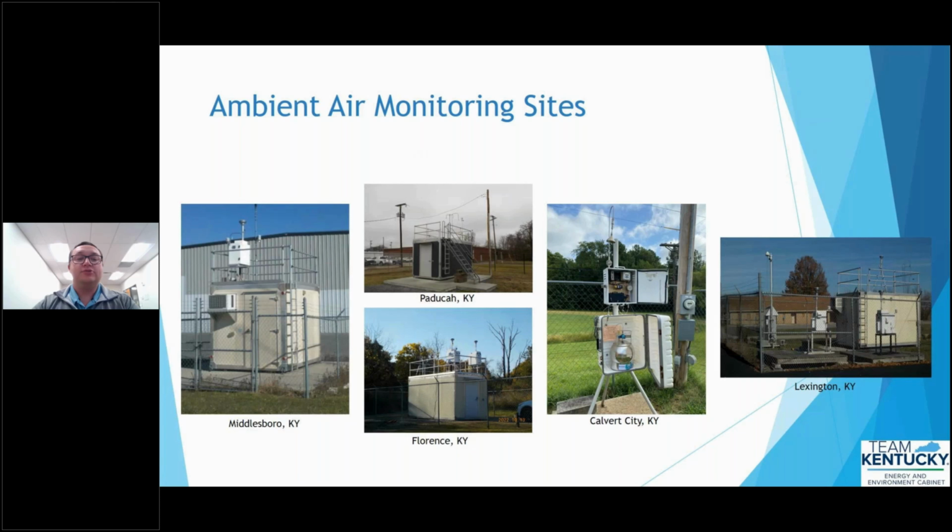The bottom middle photo is our NKU site up in Florence where we measure ozone, SO2, NOx, PM 2.5, and air toxics. The right middle photo is one of our 3 Calvert City sites where we sample for air toxics. And then on the far right is our Lexington site where we measure for ozone, SO2, PM 2.5, and PM 10. Next slide, please.